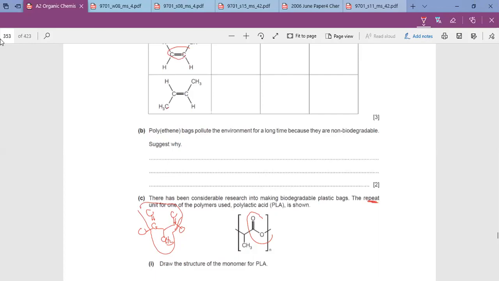Which means this part here must be this part here. Here CH3. Here must be O, joined to a C. See now. So that means from here to here.